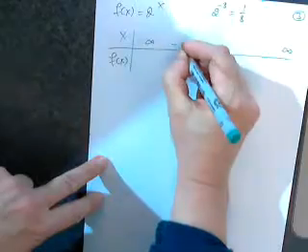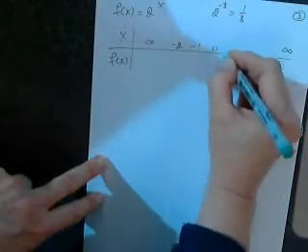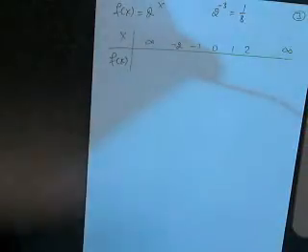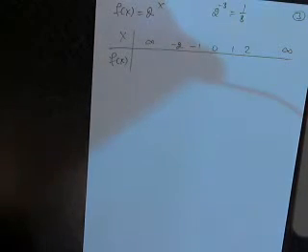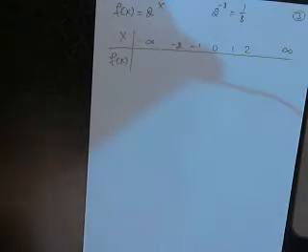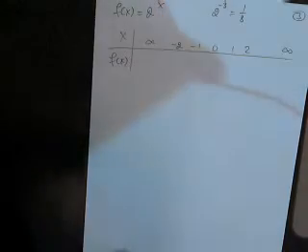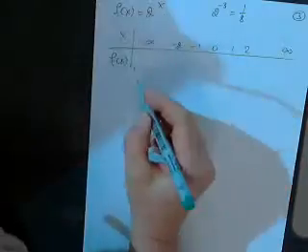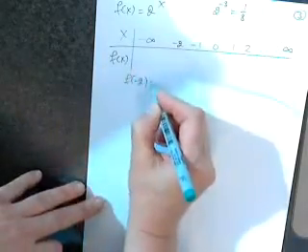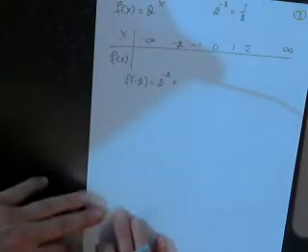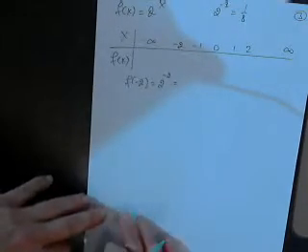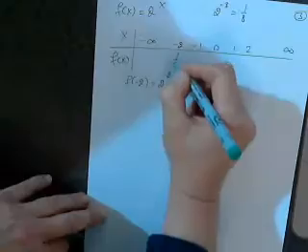So I'm going to choose -2, -1, 0, 1, 2. I did not scientifically choose these numbers. I just want to see what happens around 0, not too far away from 0. So let's plug in -2 in the function, f of -2 equals 2 to -2. What will that equal to? Very good. 1/4.